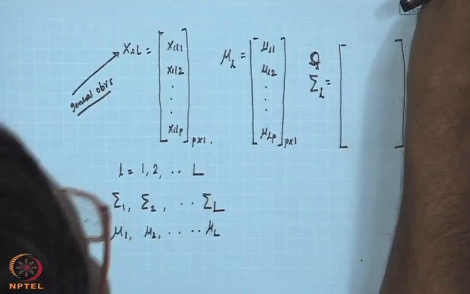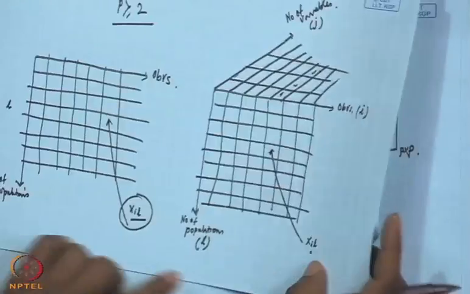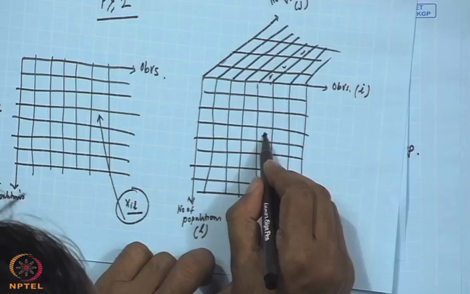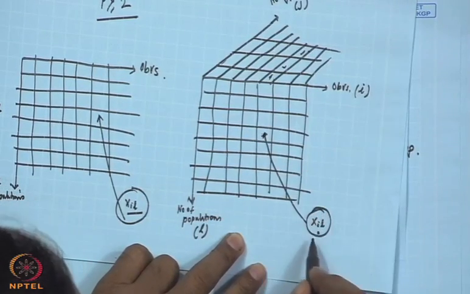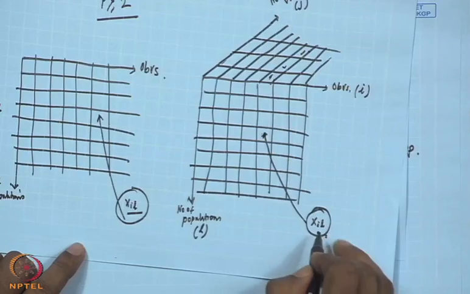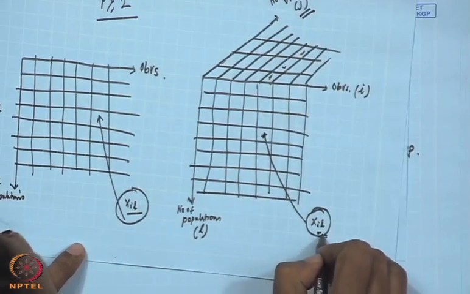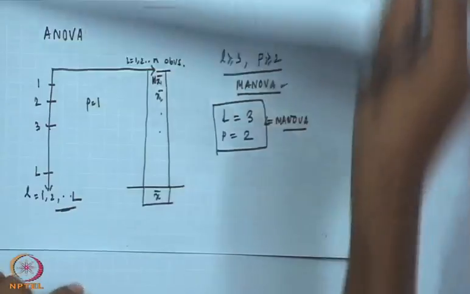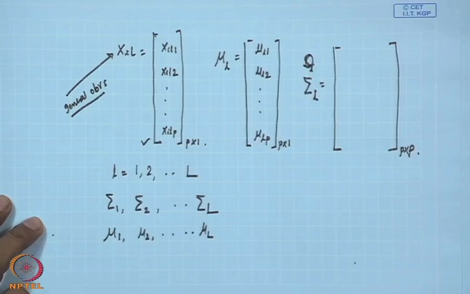For mathematical simplicity, although this is a vector, we will be using this term XIL without bringing in the variable part. The variable part is implicit here, because XIL is nothing but this one. This is the general observation.